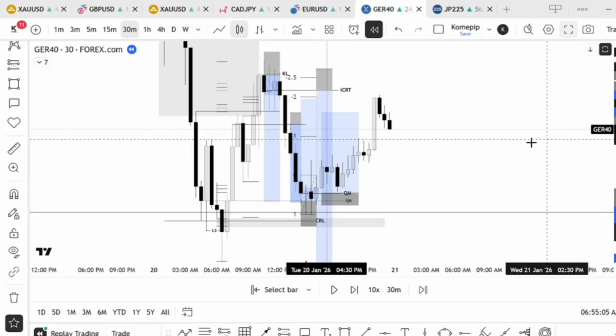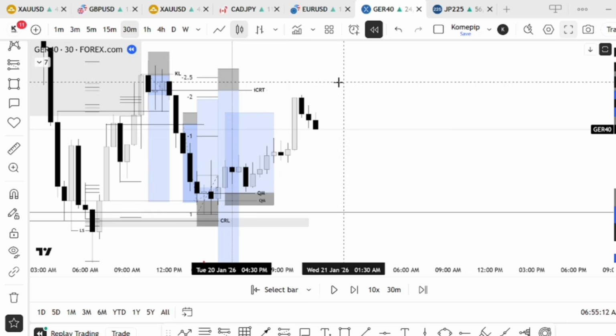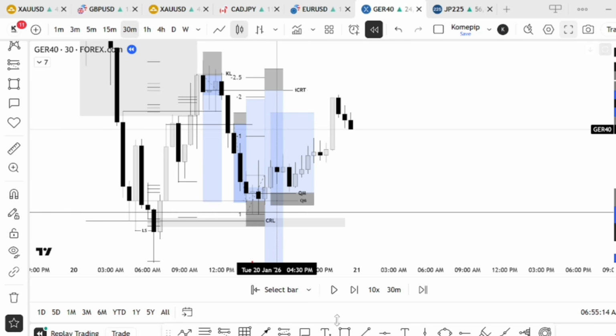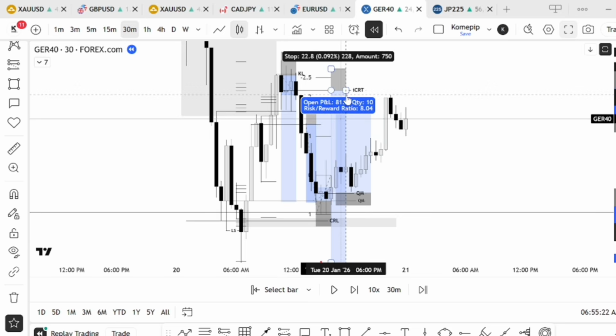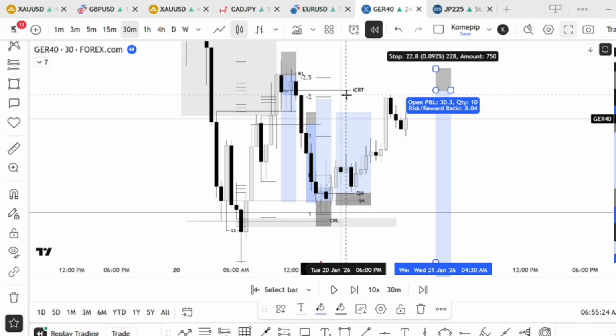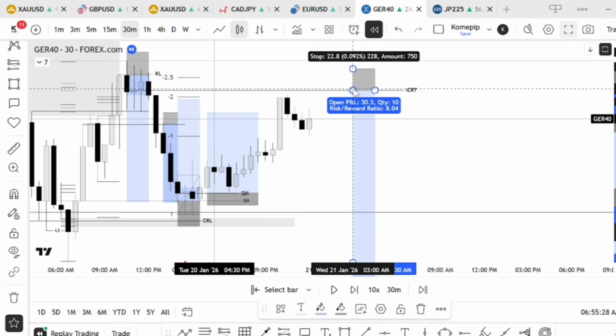All right, so remember we are still looking at this particular level right there. So basically we're expecting that price taps this zone. So let's push that a little bit forward, right?